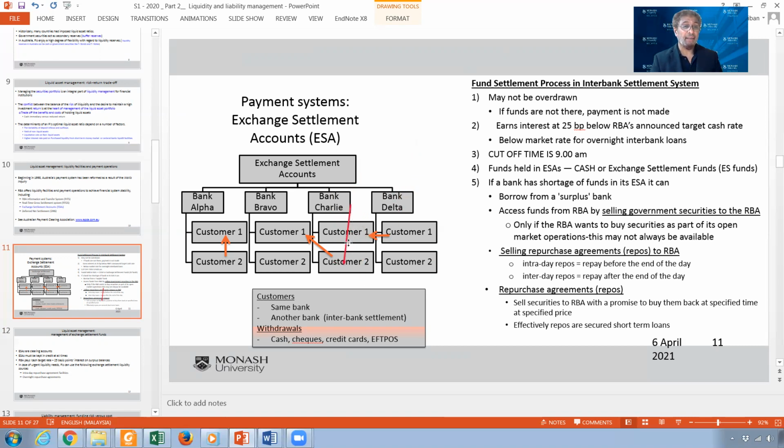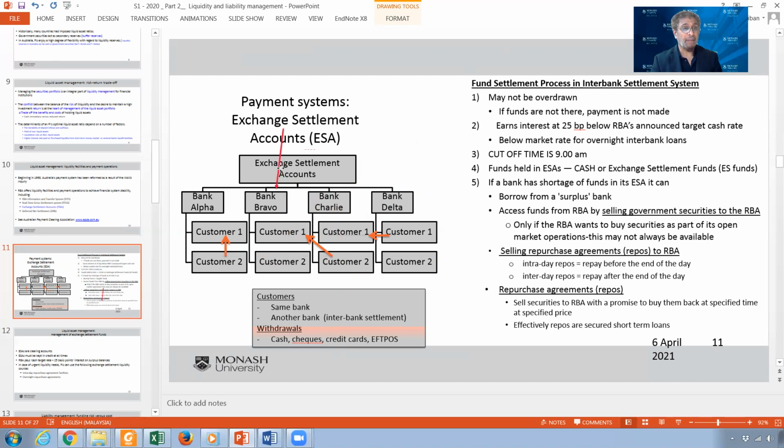The same thing, for example, a Bank C customer wrote a check for a customer in Bank B, for 10 million. Now, Bank B will credit the amount to his customer's account.